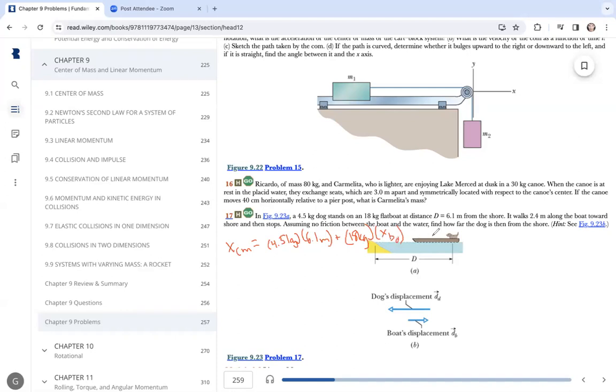Now, we don't know what this is, but maybe we want to call that position 0 and make it easy for ourselves. You don't have to, but that might be a way to do this.